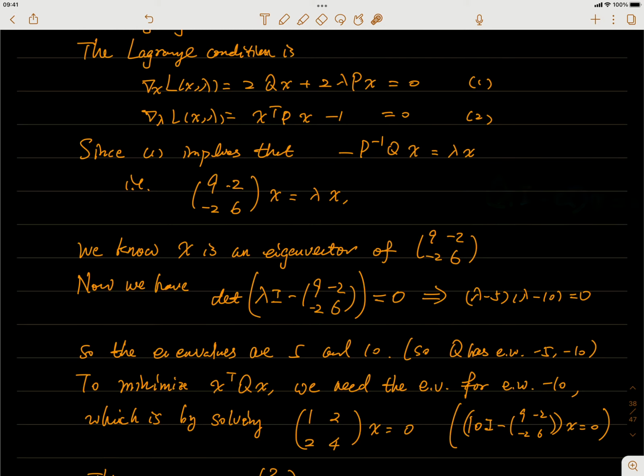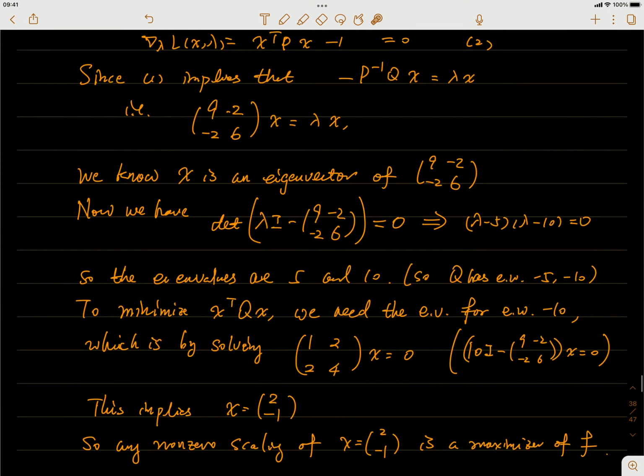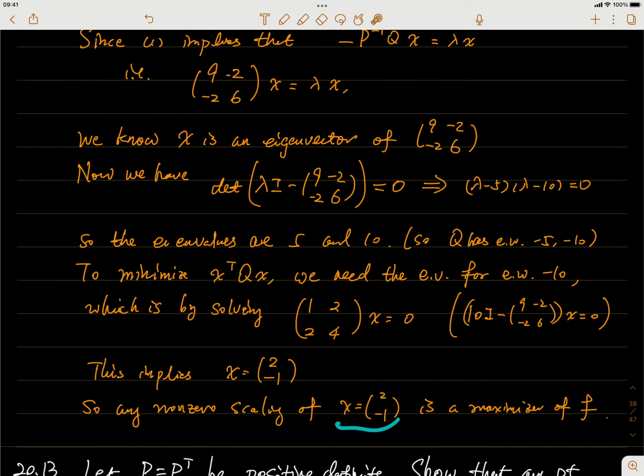Okay, so you can easily see that eventually there's this, and solving for that x, we got that. Actually, any non-zero scaling of this x is also an eigenvector, as we know that an eigenvector can be scaled by any non-zero constant and is still an eigenvector. So that's the eigenvector we're looking for.